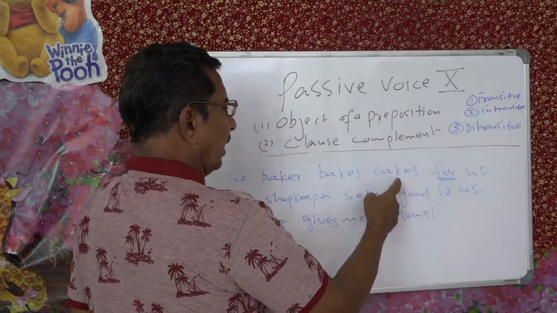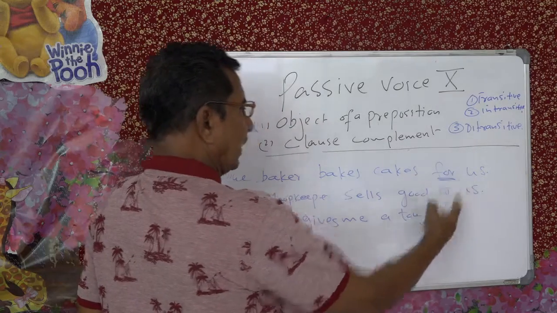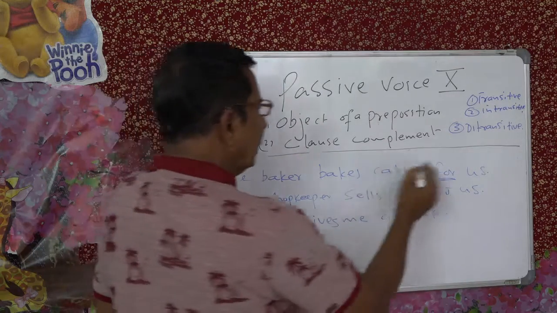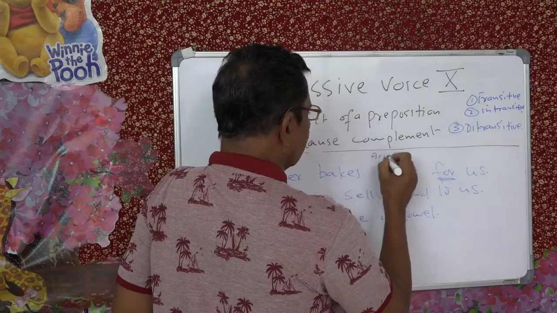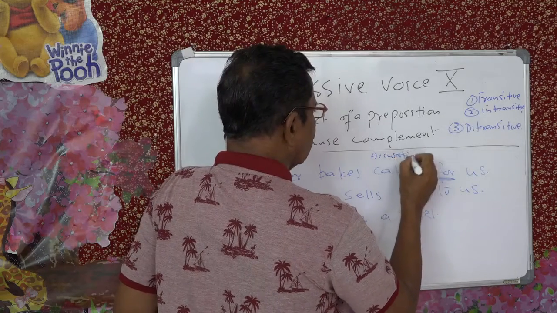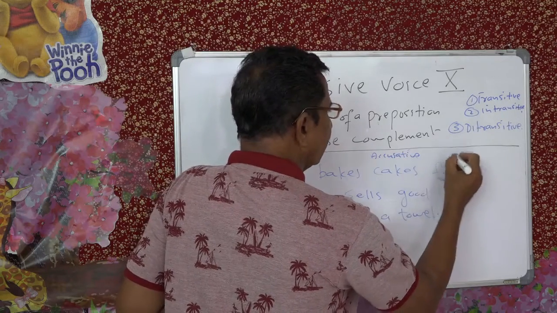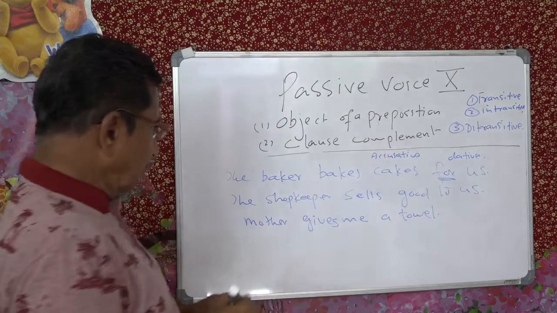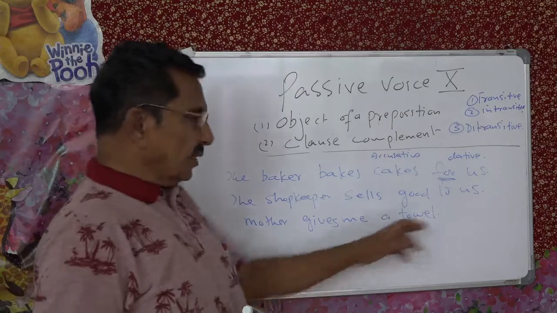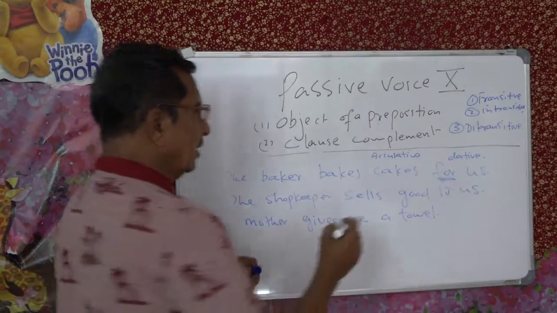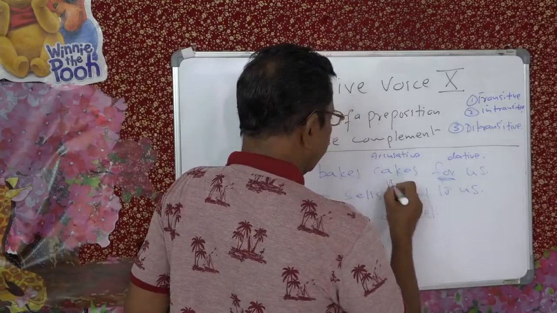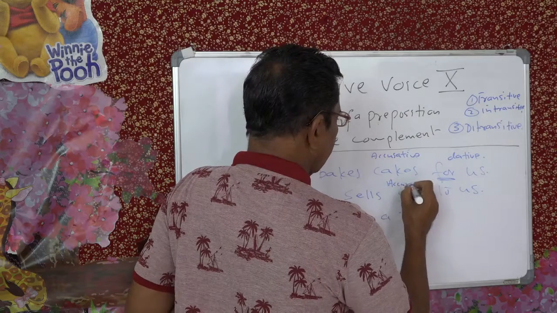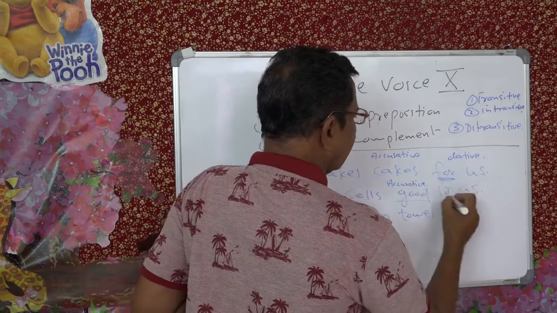So this is accusative and this is dative. Direct object, or we say accusative. Now here the shopkeeper sells goods to us. So this is accusative and this is dative.